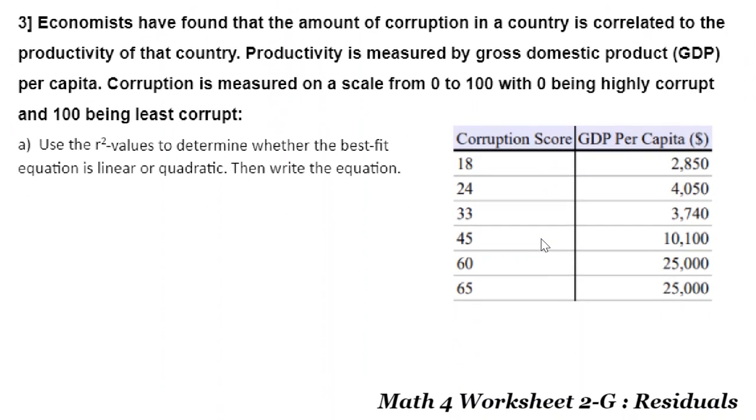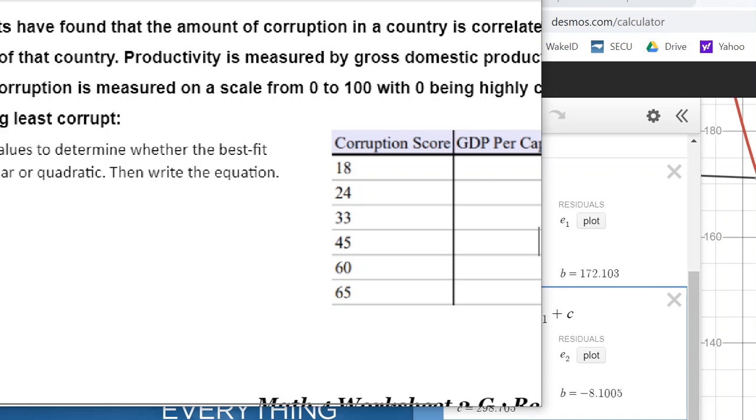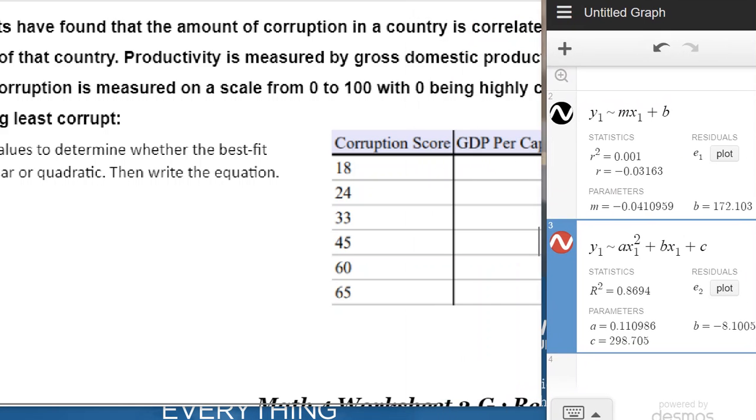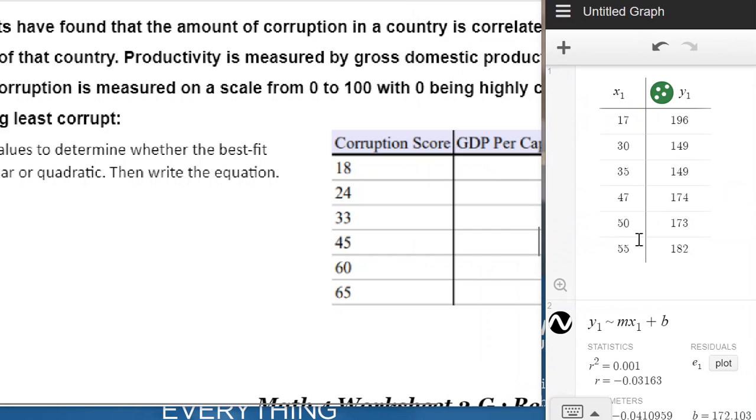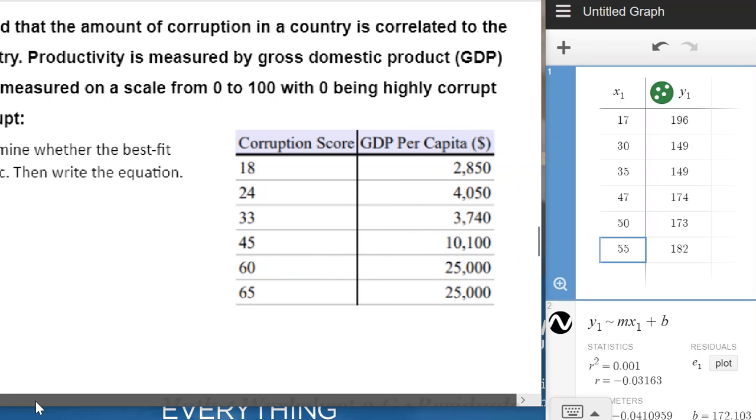All right, last one. We have a corruption score and we have a GDP per capita. So let's plug that into our little chart and see what happens.